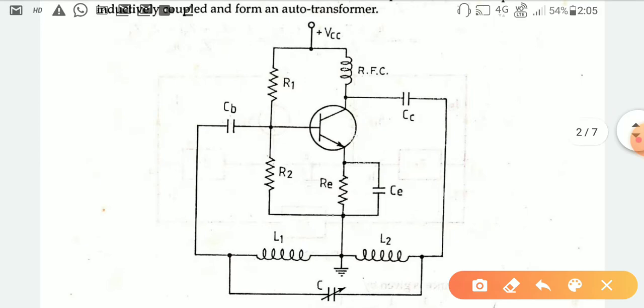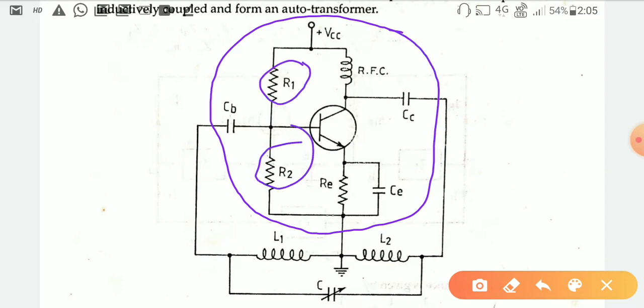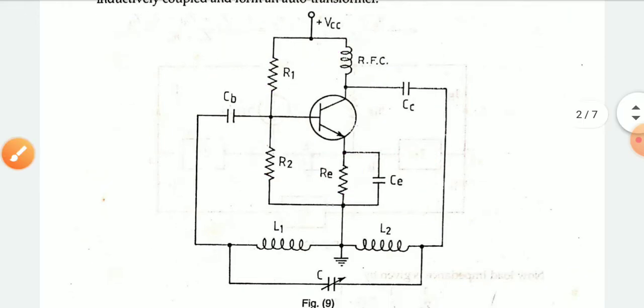The highlighted portion is the voltage divider, where R1, R2 and RE are used for biasing, and RC is converted into the form of the RFC, that is the radio frequency choke.